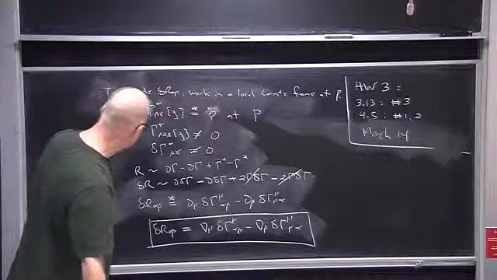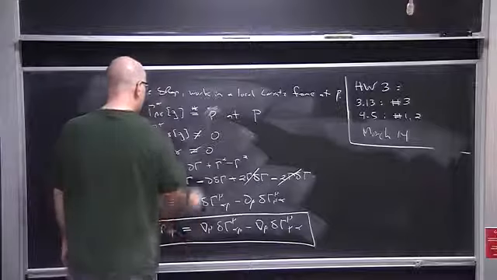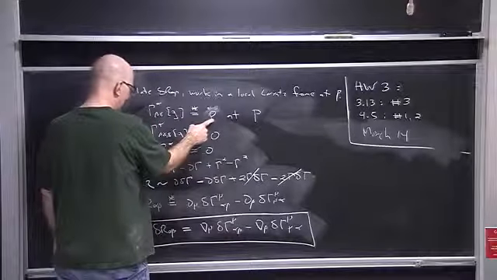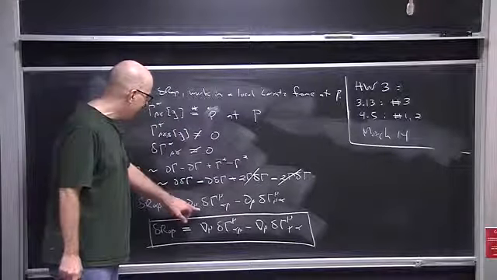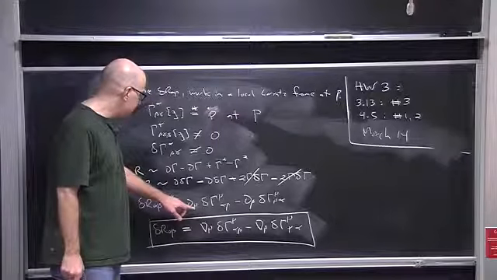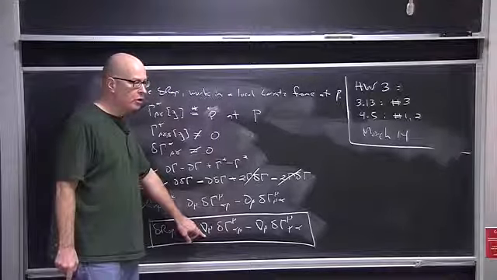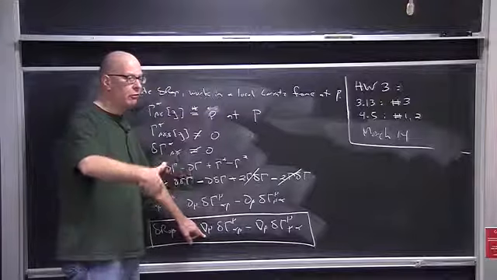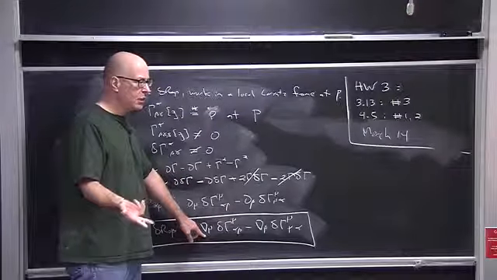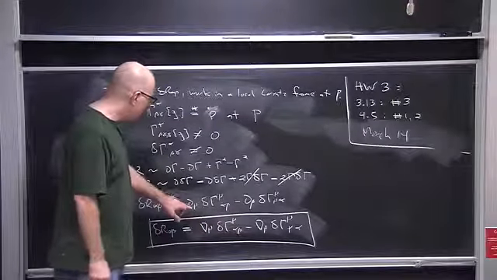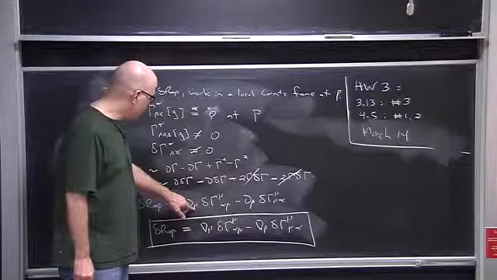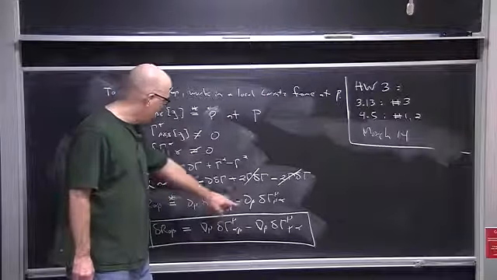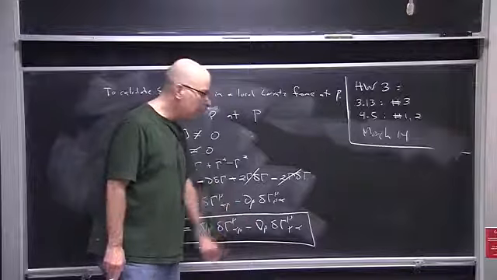The argument is always the same. Because the connection is 0 at P, we have equality in that coordinate system between the partial derivative and a covariant derivative. The difference would involve a bunch of gamma terms that all are 0 in that coordinate system. So I can change in this coordinate system this partial derivative by a covariant derivative. I can do the same thing here and here.